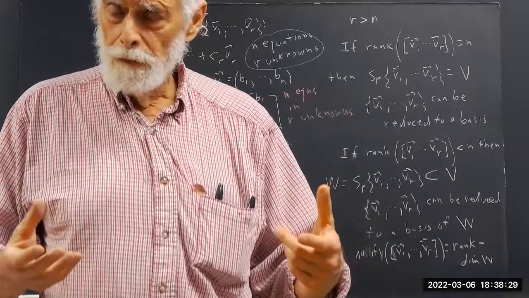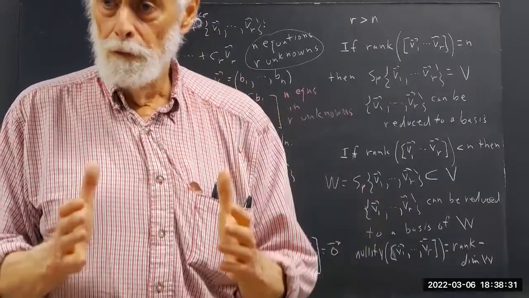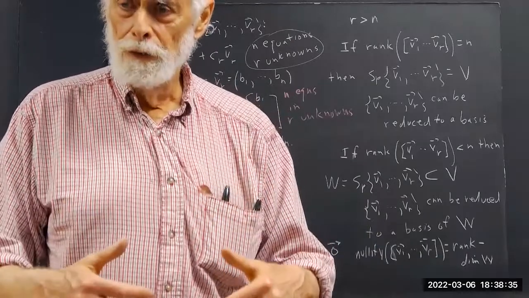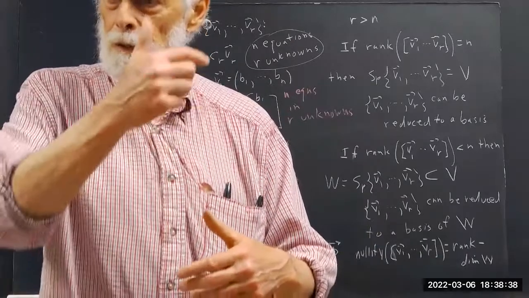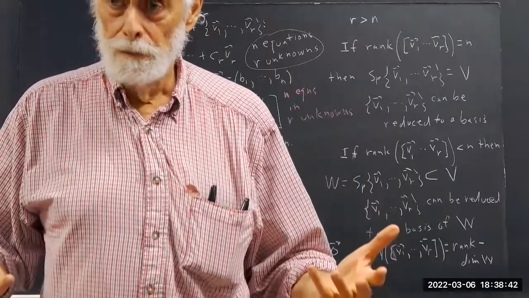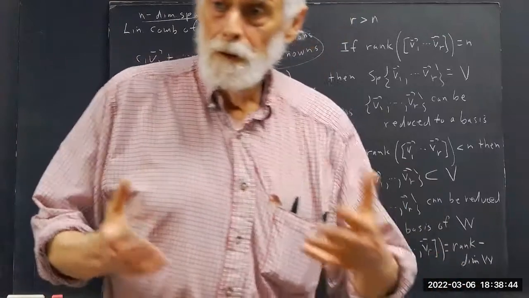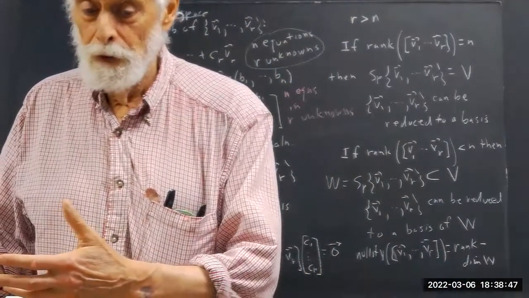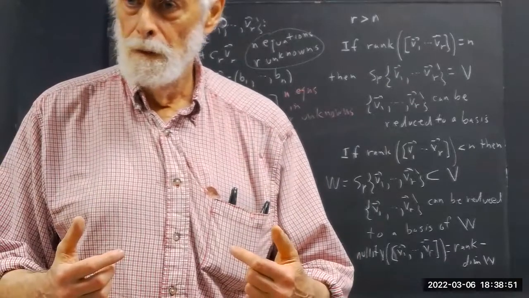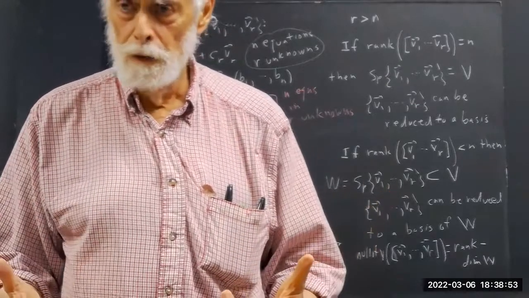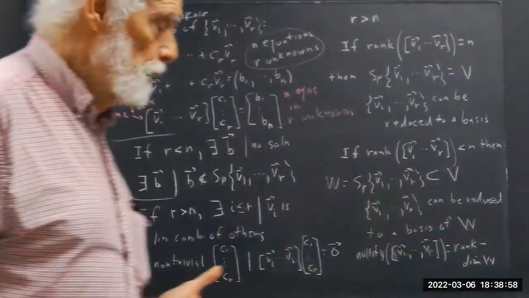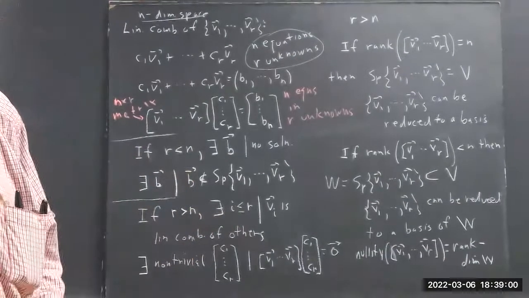If you have more equations than you have variables, then unless you have some sort of degeneracy where some equations end up being sums of multiples of others, then you can't expect a solution. If you have the same number of variables as equations, then if there's no degeneracy, you get a unique solution. And that all corresponds to things that we've already talked about with linearly independent sets and so forth.